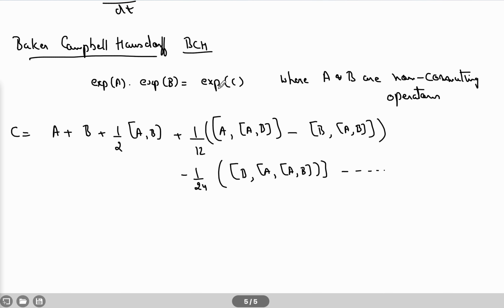So this is the original Baker-Campbell-Hausdorff formula, which is required if you want to solve an equation of this type.